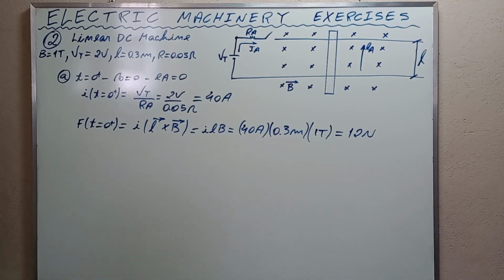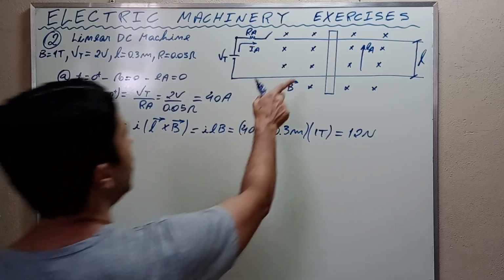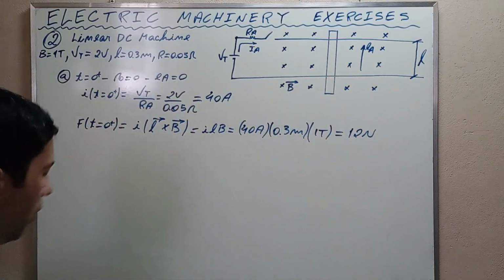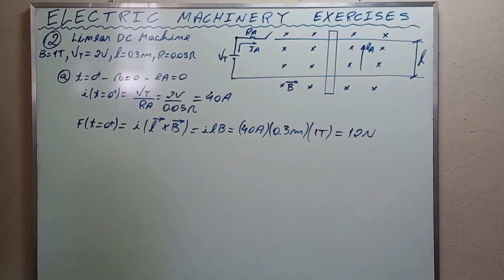Okay, my friends, now let's move on to steady state. In steady state, the bar is going to move to the right. Alright? In steady state with no load, the induced voltage equals the voltage of the battery.